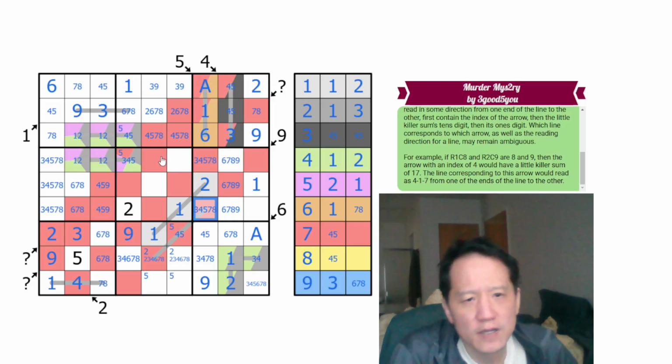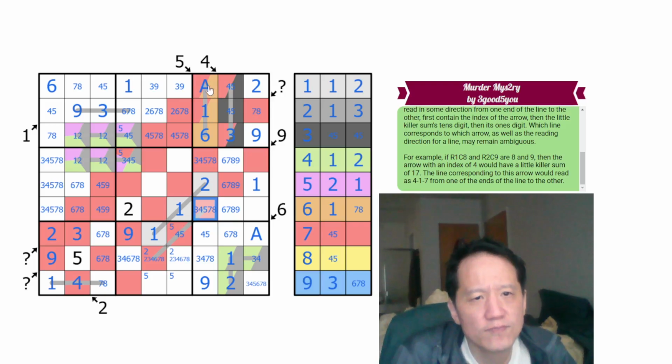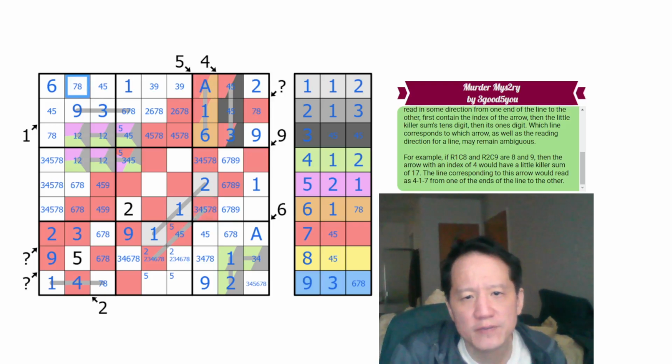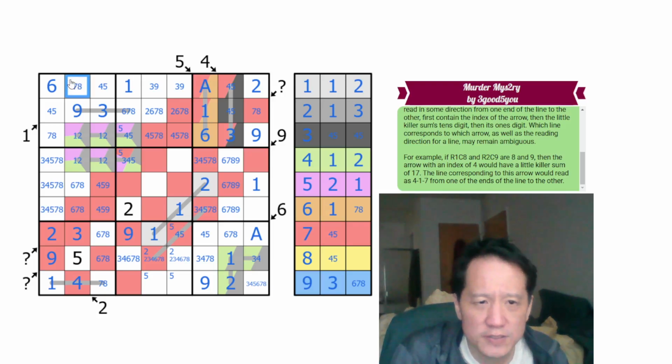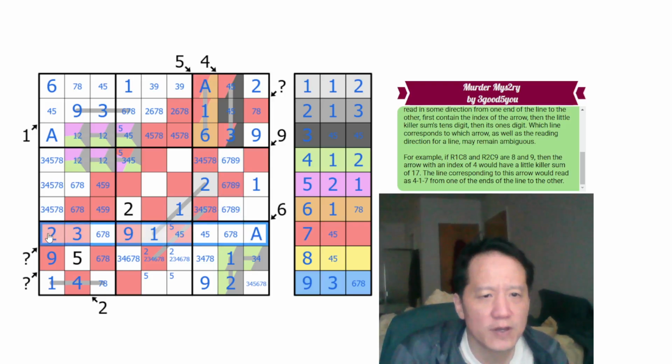So A, this is B, right? This is the corresponding 7 or 8. So this has to be A also. Which means one of these is A. We're not sure which. This can't be A. A has to be one of these two, which means A is one of these two.